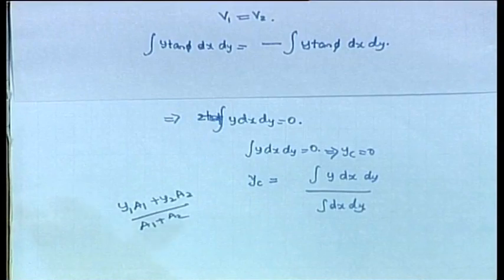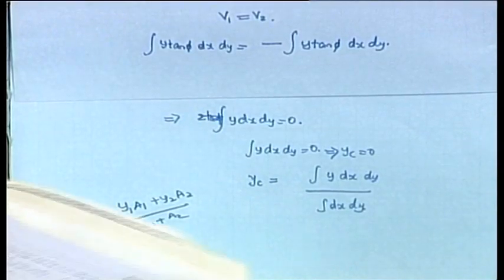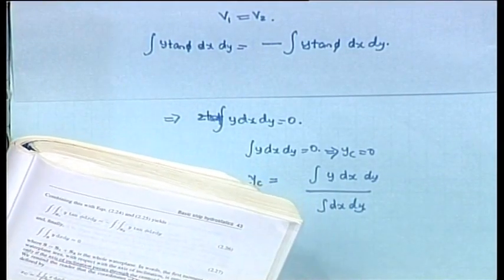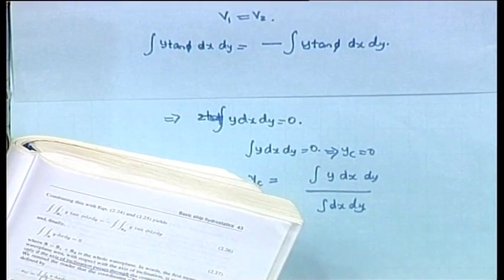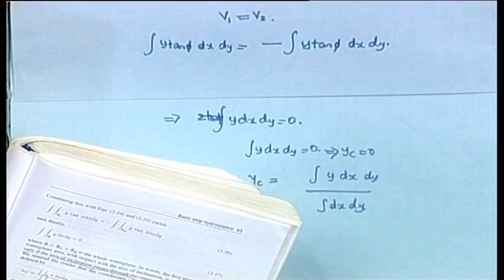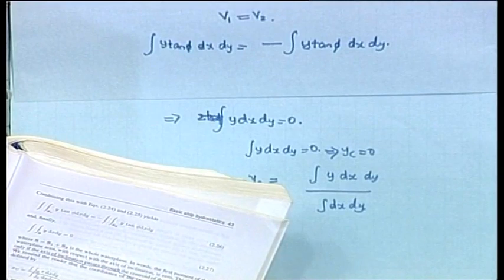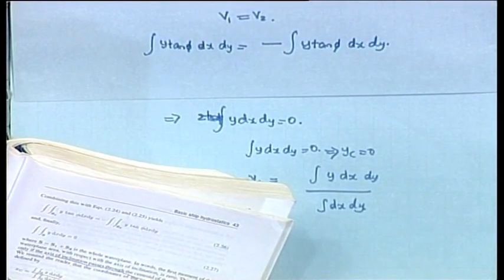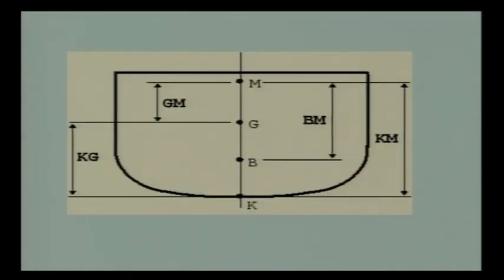So, I will just read it. Let the initial water plane be W0L0, and after an inclination the volume of displacement is constant. That is important, where you have V1 equals V2. That will happen if the body is not going down or up. That means the centroid of the body is not going up or down, it is just remaining at that point.